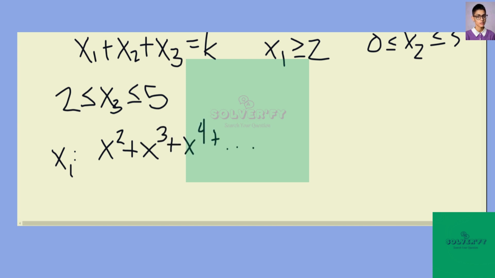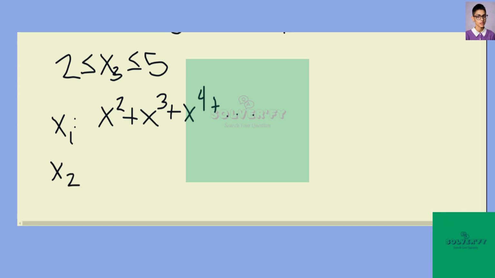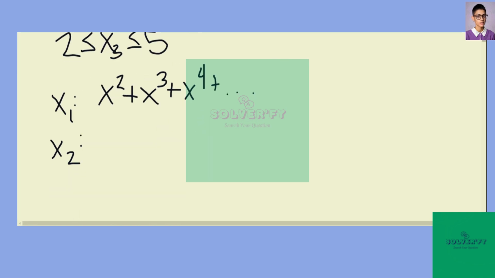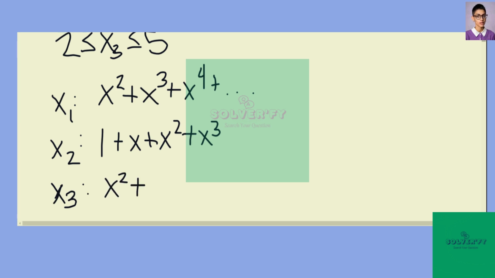The series representing x2 should only contain powers between 0 and 3, so this is going to be 1 plus x plus x squared plus x cubed. And for x3, the generating function should contain only powers between 2 and 5, so this is x squared plus x cubed plus x to the fourth plus x to the fifth.